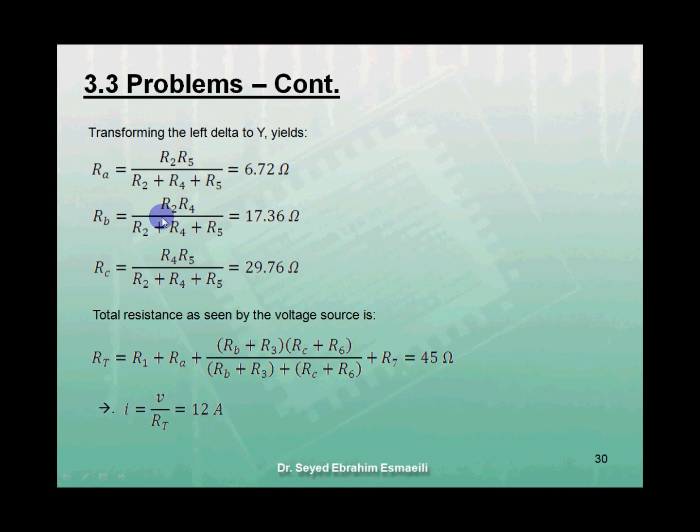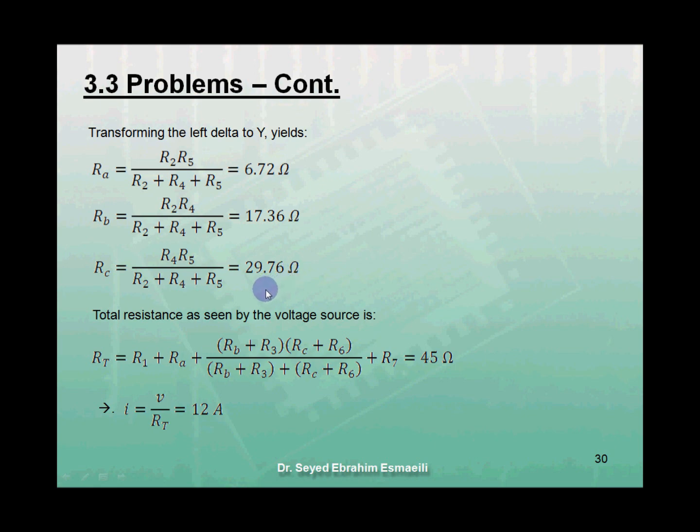RB equals R2 times R4 over R2 plus R4 plus R5, equals 17.36 ohms, and RC equals R4 times R5 over R2 plus R4 plus R5, equals 29.76 ohms.